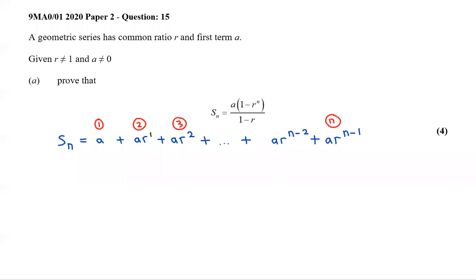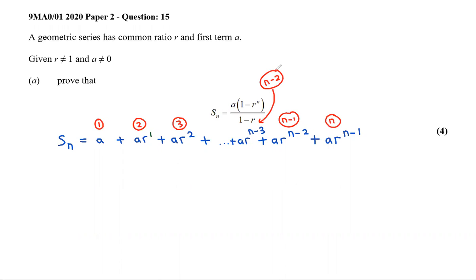I'm just going to put another one in as well. Let's just move those. In fact, I'm just going to get rid of that and try again. Plus ar to the n subtract 3. This is the n minus 1th term, and that is the n minus 2th term, and so on and so on.